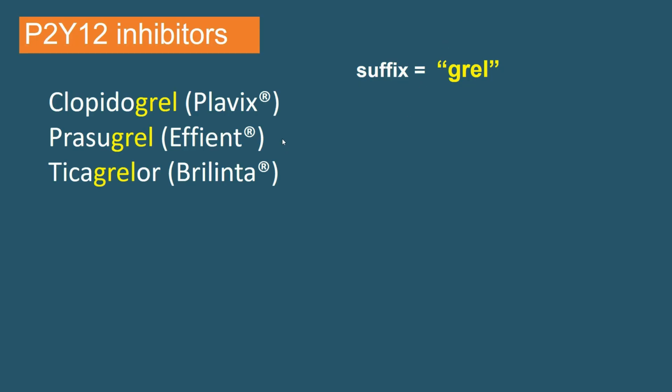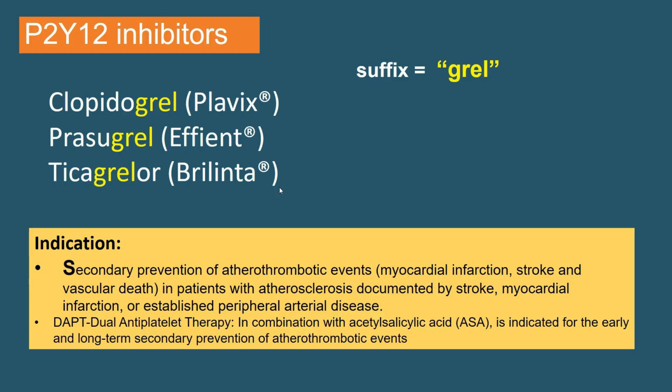Their suffix is grel, like clopidogrel, the brand is Plavix, prasugrel, brand Effient, ticagrelor, brand Brilinta. So P2Y12 inhibitors, similar to aspirin, are used for secondary prevention of atherothrombotic events such as MI, stroke, vascular death, and also in people who have a documented stroke. And this is also combined with aspirin in DAPT, dual antiplatelet therapy.